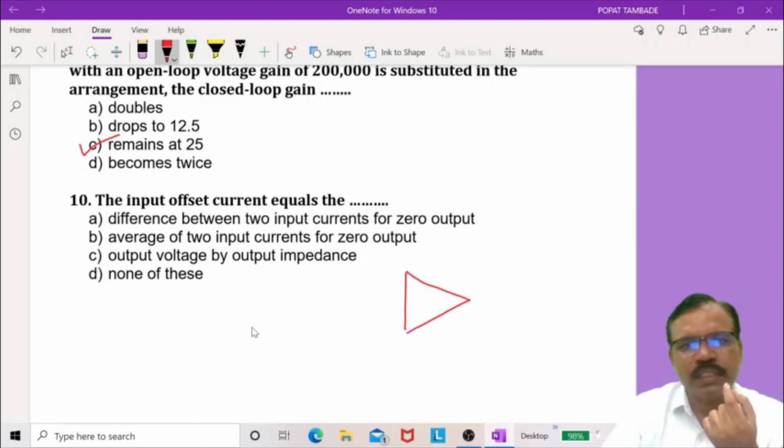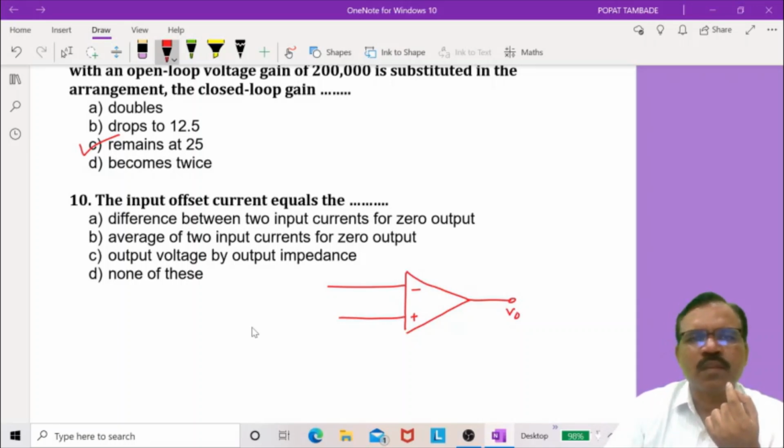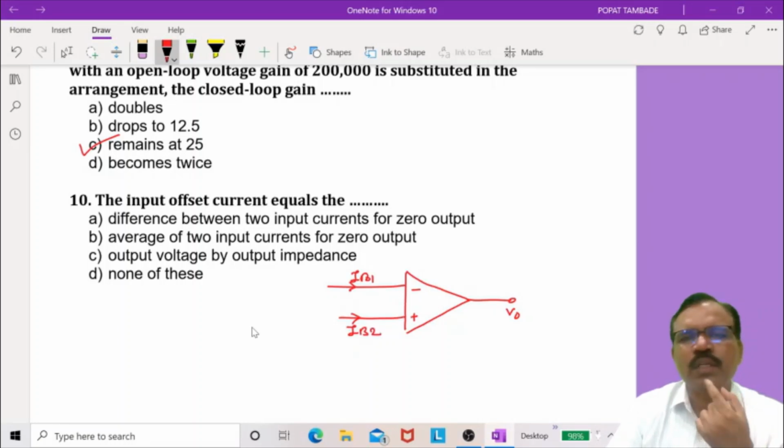If this is the operational amplifier, minus, plus, and V0, suppose IB1 is the current flowing through the inverting terminal, and IB2 is the current flowing through the non-inverting terminal.